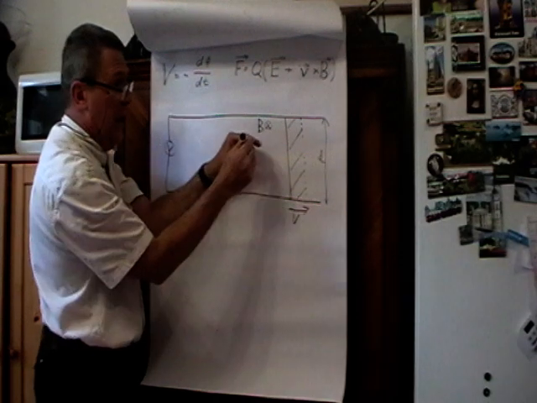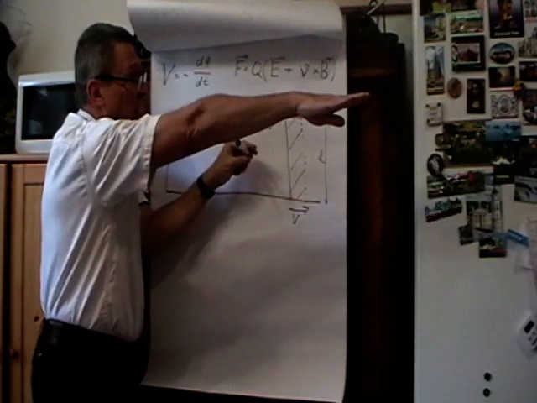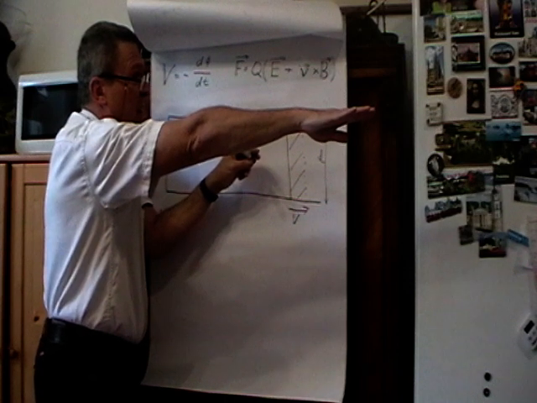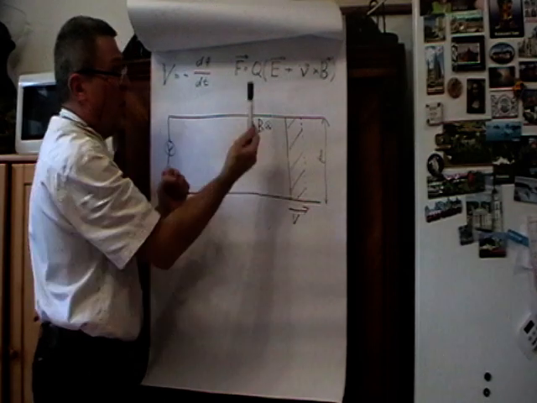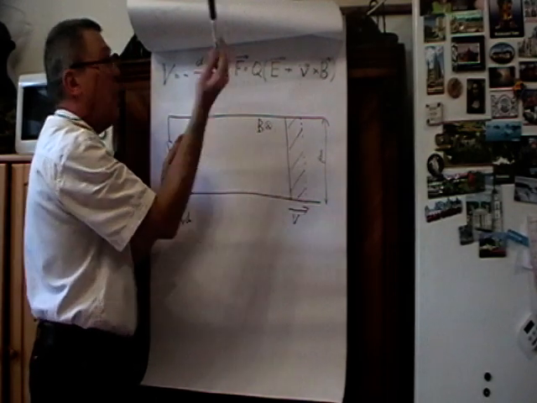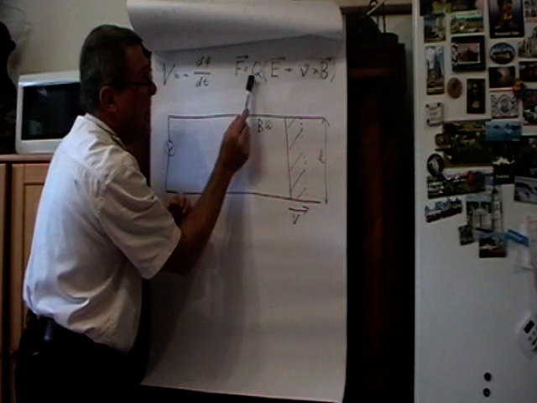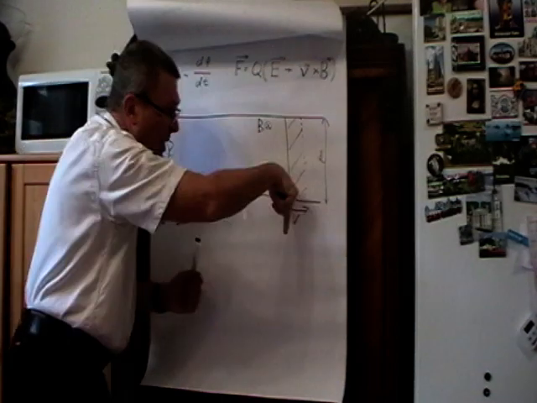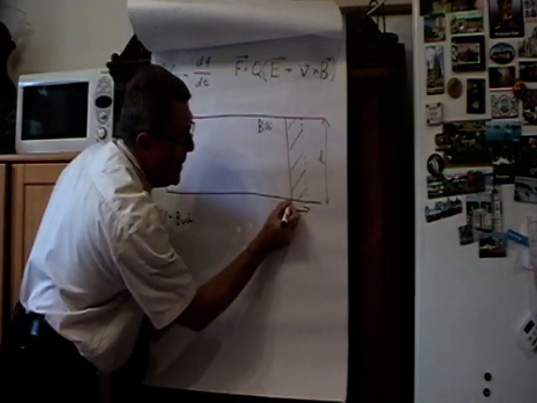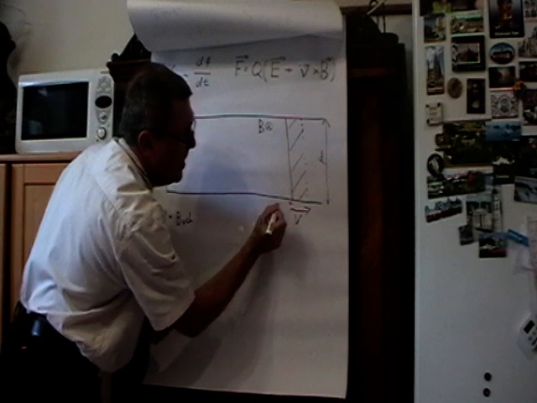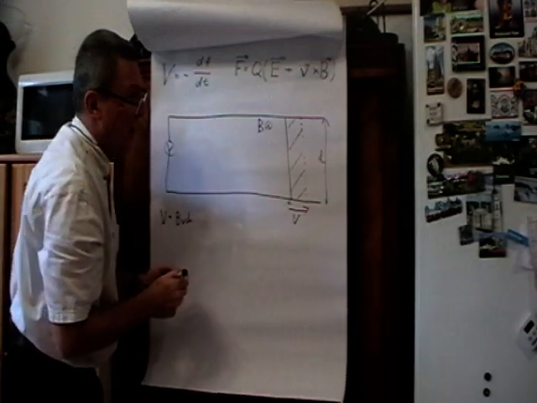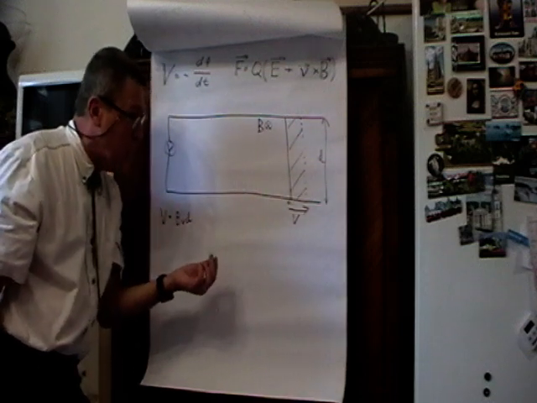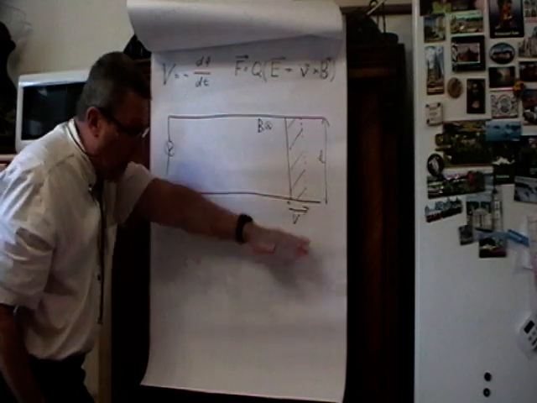So we have a V times B, which tells us that the result of the force goes upstairs. But the electron is a negative charge. So finally the electron would be dragged downstairs to the lower end of the stick. And as those electrons in the conductive band are able to move, they would start to move down the stick.